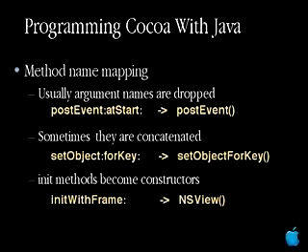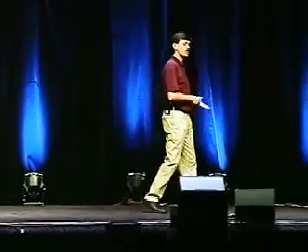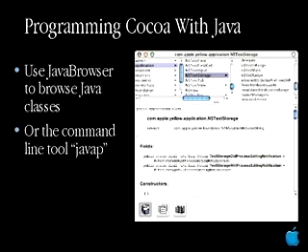Finally, init methods, which are the constructors in Objective-C, in Java are just converted to constructor methods. For instance, the NSView initWithFrame method, which is how you create an NSView, in Java is simply NSView, which is how you create objects in Java. So those of you who are familiar with Java probably have tools to inspect and look at Java APIs, like JavaP and so on.